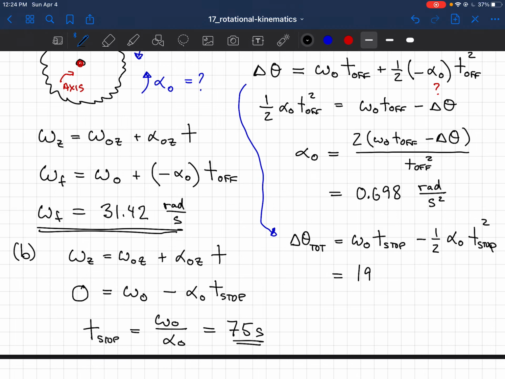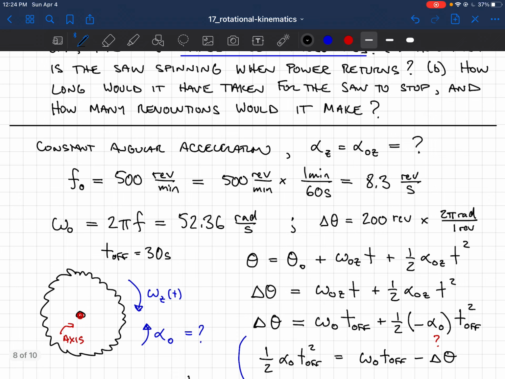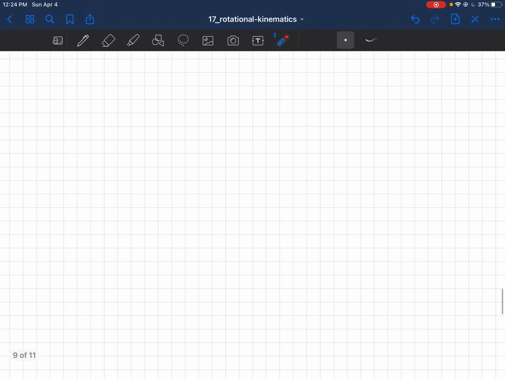And we find 1964 radians. So the amount of radians it went through when the power was off was given by this equation. Remember, that's 6 times 200, so about 1200 radians. It went through another about 750 radians if you would let it go to a stop.